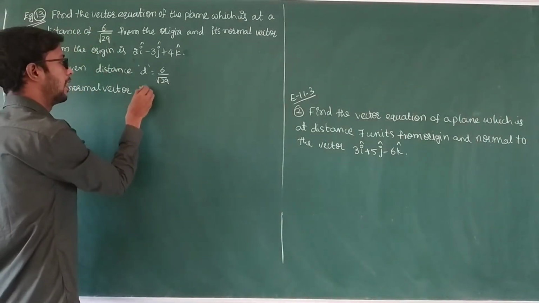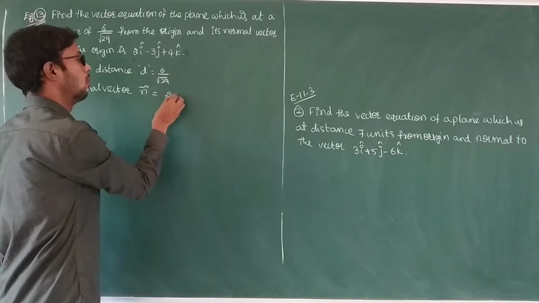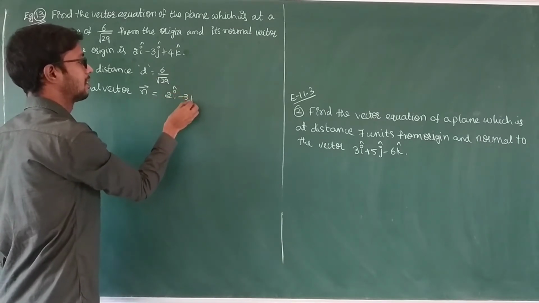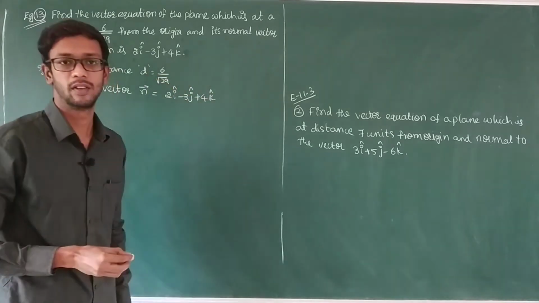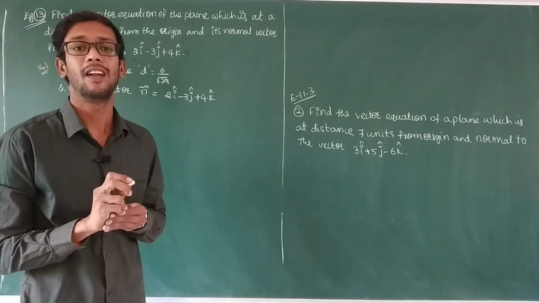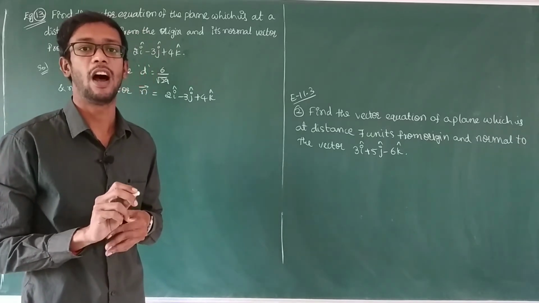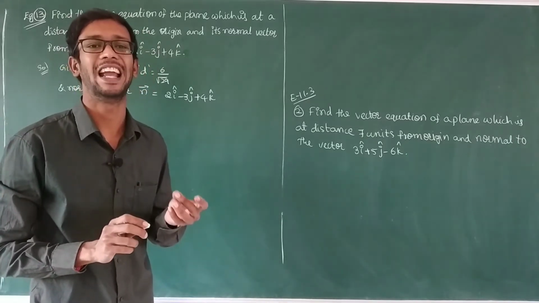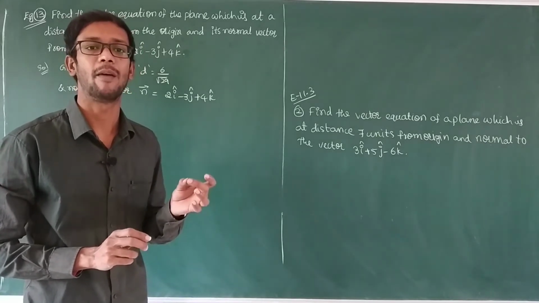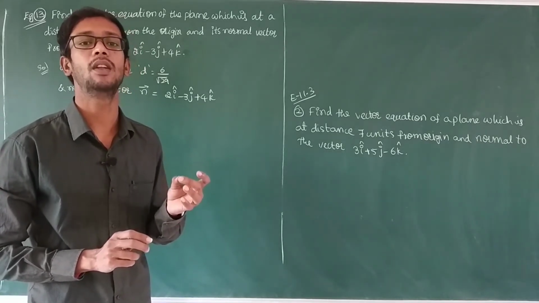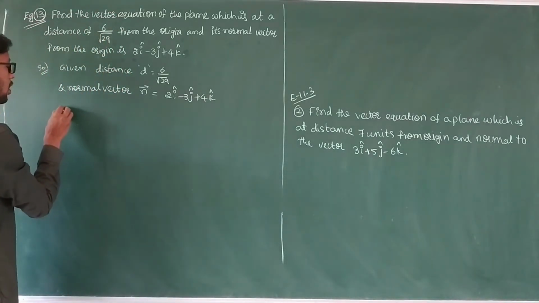So that's why I am writing n bar is equal to 2i cap minus 3j cap plus 4k cap. This is the normal vector. But for solving the equation, we have the formula r bar dot n cap equal to d. d we already know. n cap is the unit normal vector, so now you have to find the unit normal vector.